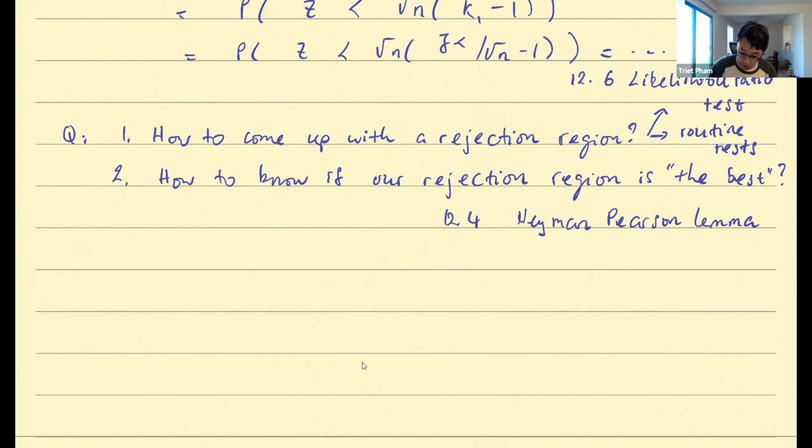All right. So now focusing on 2, let us introduce one more concept, one more terminology. It's really not something big, but we want to define the power of a test.